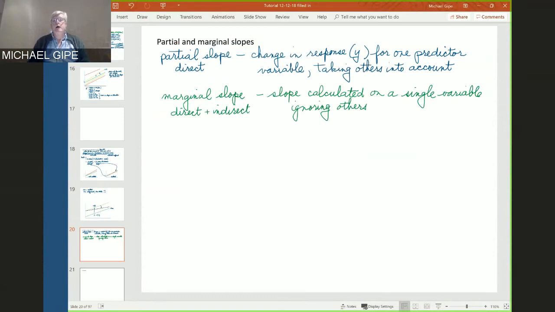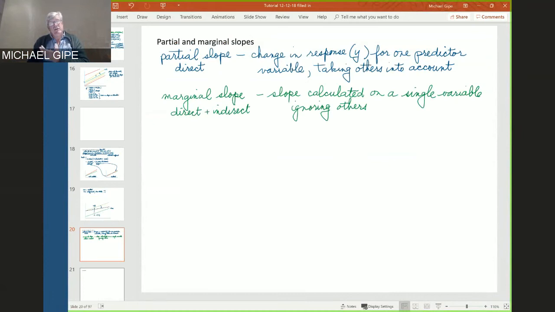So if you were to take a set of data, a sample, where the y value, the response, was affected by more than one input, essentially more than one x variable, and you did a single regression model ignoring all but one of the x variables, what you would end up with is a model that not only had the effect of that one x variable, but indirectly it would have the influence of all the others thrown into that one coefficient.